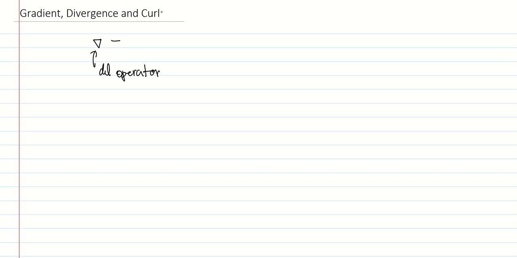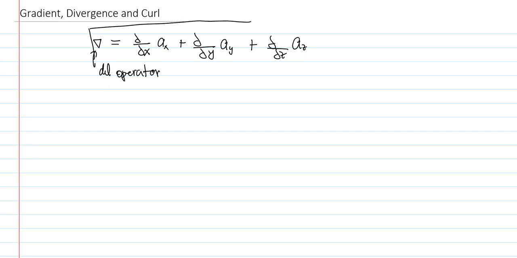Actually, this is a vector which is equal to the partial derivative with respect to x in the x direction, plus the partial derivative with respect to y, ay, then the partial derivative with respect to z, az. So this is the definition of the del operator in the rectangular coordinate system.